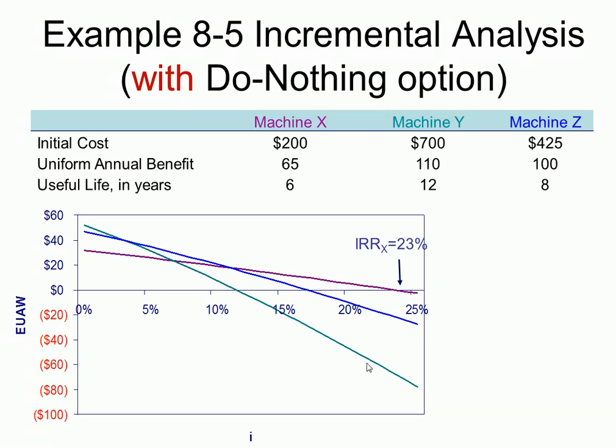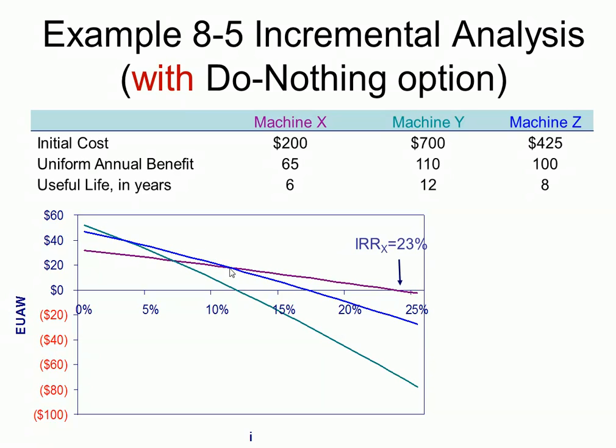Because X, the lowest cost, still does not satisfy a high minimum attractive rate of return that's higher than 23%. Next, we're going to compare machine X with machine Z, because machine Z is the next higher cost alternative. So where do they intersect? They intersect right here. This is the machine X curve, this is the machine Z curve.